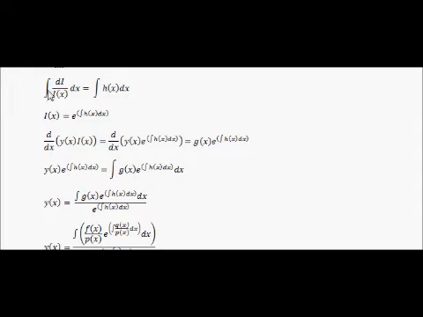The integral of 1 over I is the natural log of I, and that's equal to this, which I can't integrate directly because I don't know what h of x is, but I can integrate this side. Given that, I know that I of x is equal to e to the power of this, because the natural log of I is equal to this thing, so I can just take e to the power of both sides. Given this, I can now start to try and solve the linear first order differential equation.